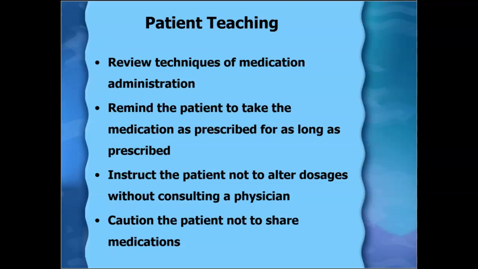Instruct the patient not to alter the dosing without consulting the primary care provider, or the provider who ordered it. Also teach the patient not to discontinue meds when symptoms disappear. That's not good, right? They need to take the full course of the meds. Drugs used to maintain health, such as those used to control high blood pressure, high blood sugar, all of those, need to be continued as ordered to avoid reoccurrence of symptoms or worsening symptoms, truly, right?